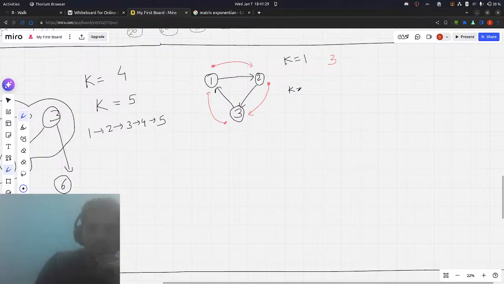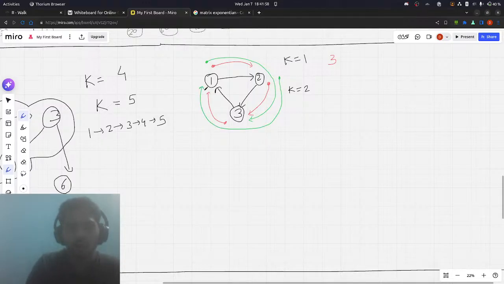If k is equal to 2, again we can start from 1 and go all the way up to 3, start from 2 and go all the way up to 1, or start from 3 and go all the way up to 2. So these are all the length 2 paths.